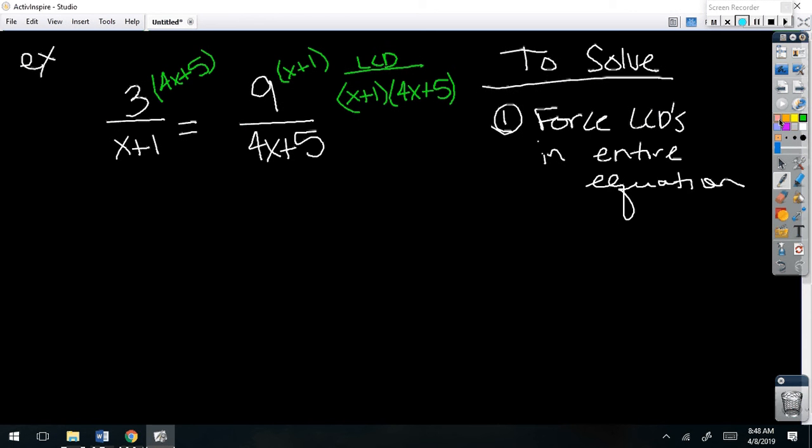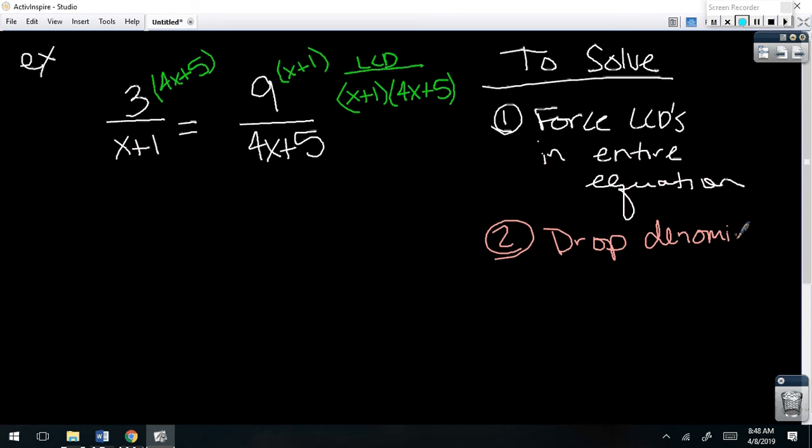So now comes the fun part. Drop the denominators because they're the same, and solve. Once you force the LCDs, drop them. So now I have 3 times 4x plus 5.